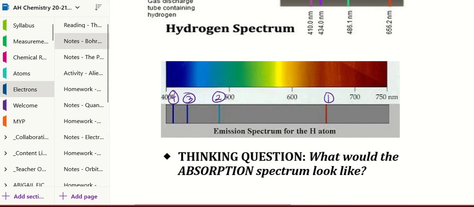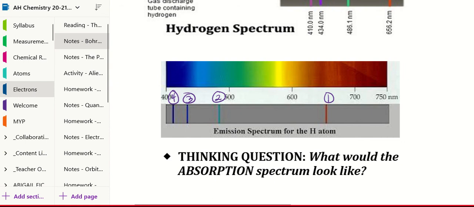We will, but instead of the lines representing a certain frequency or color of light that's given off, say that again? No color. So you would see all of the other colors except for lines where the electrons did what? If it's absorption, the electrons are absorbing that light energy that we won't see.